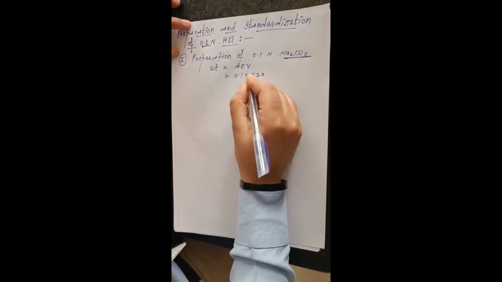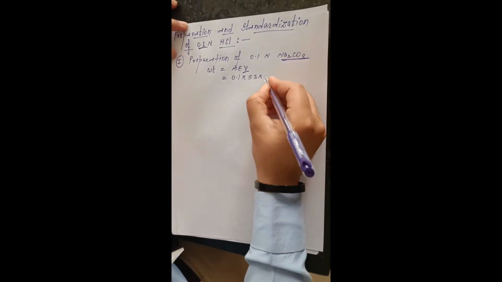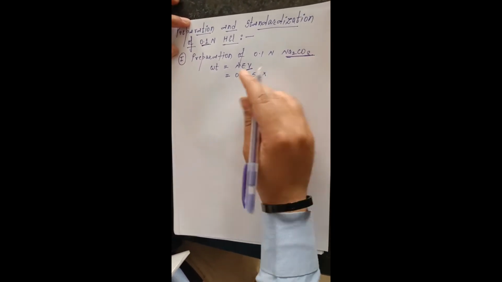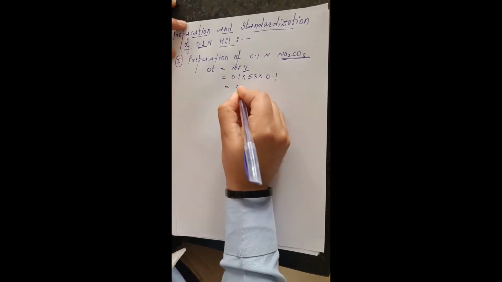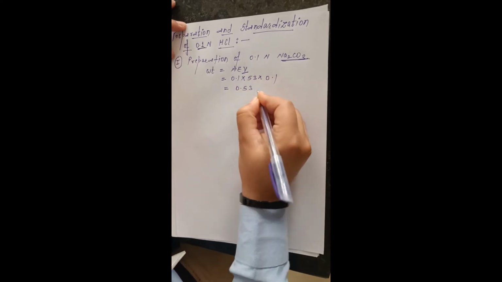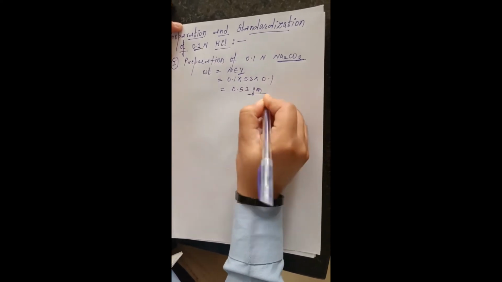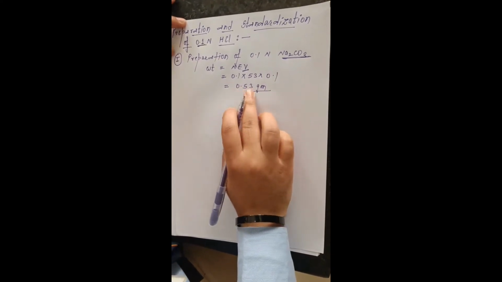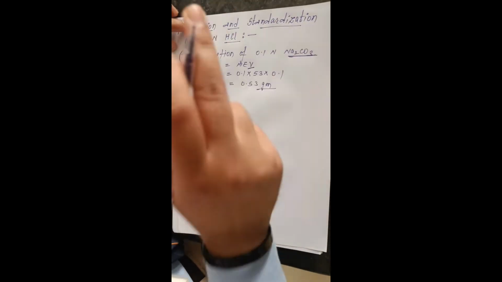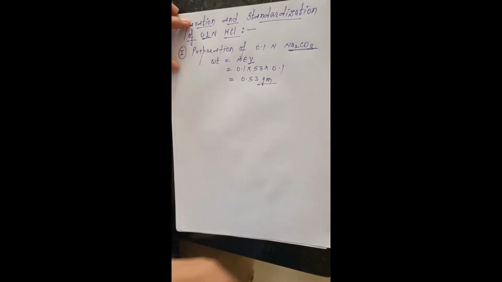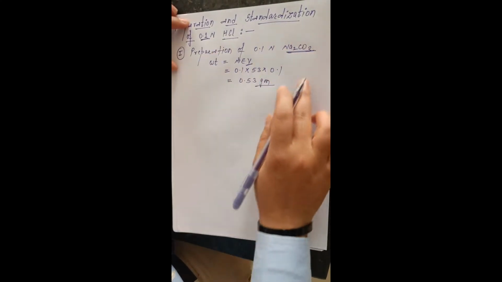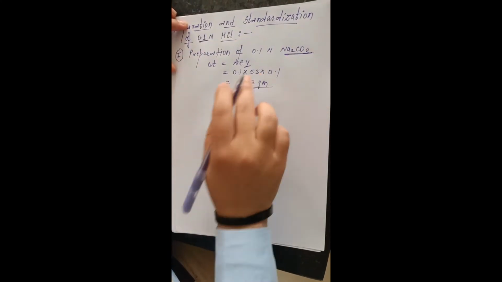We are preparing 100 ml, so it will be 100 divided by 1000, which is 0.1. The final value will be 0.53 gram. So we will take 0.53 gram of sodium carbonate into the volumetric flask and then dissolve it in 100 ml of water. This way we can prepare our primary standard.